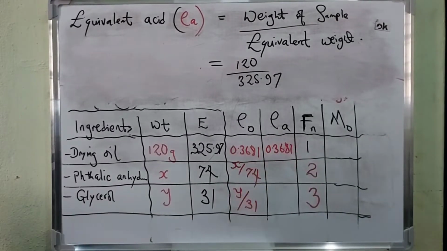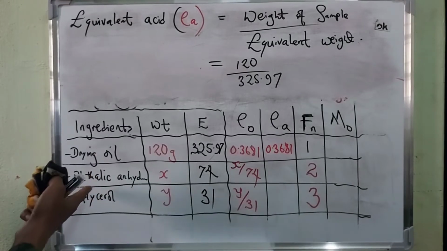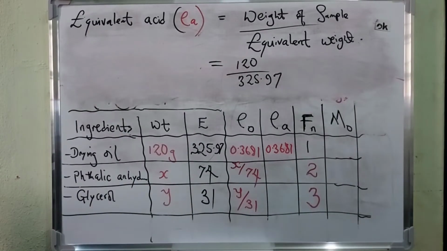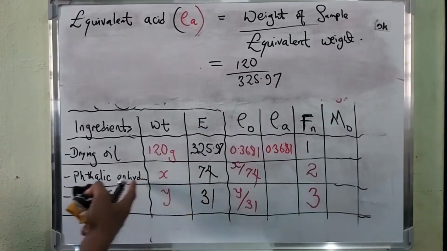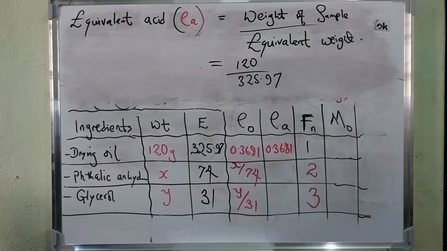Definitely we are still transferring this to this other side, so we still have the same value, 0.3681. Okay, now we do the anhydride. The anhydride is an acidic one, so definitely we can easily find out the equivalent acid by doing the same thing. So equivalent acid is still the same thing as equivalent mole, that is X over 74.